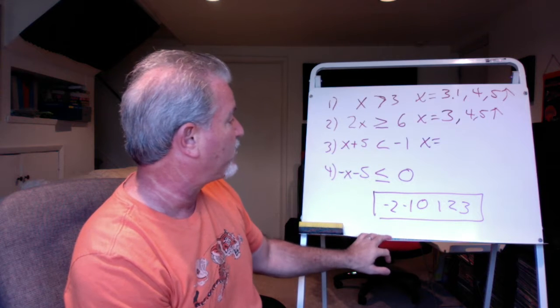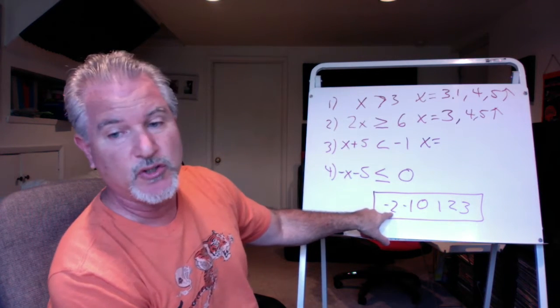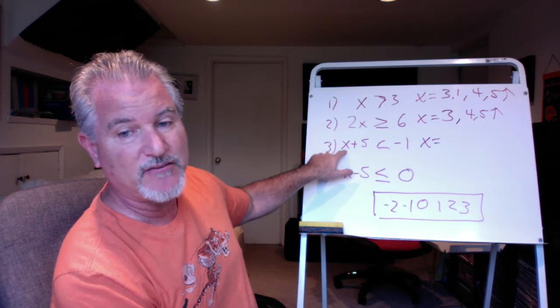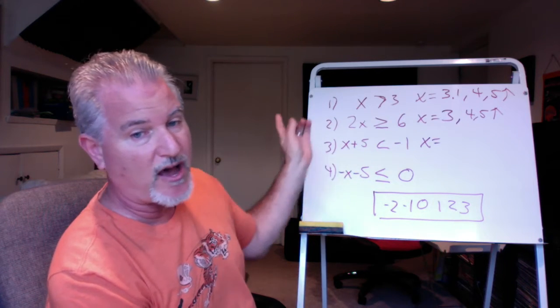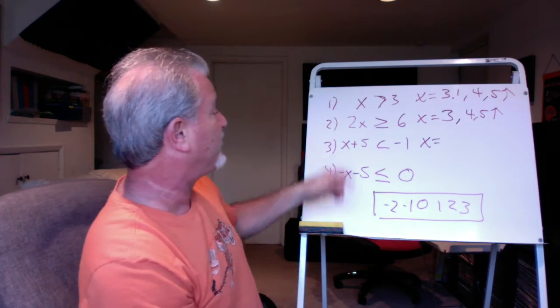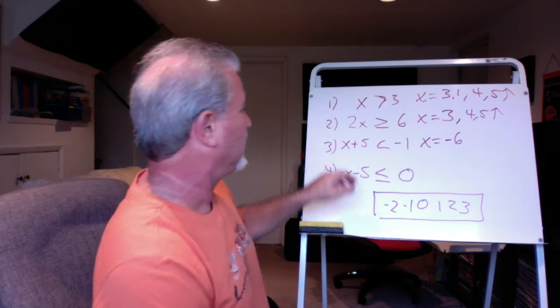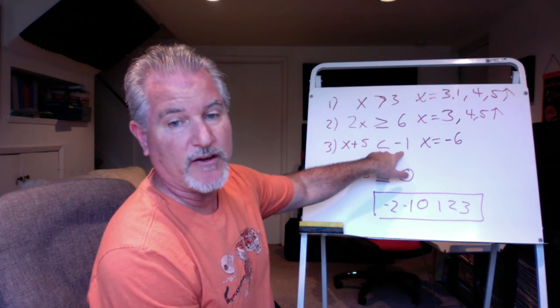So what you're looking for is any number that makes it -2 or less, okay? So that means you have to put a negative number in for x. So anything 0 and up is not going to work. If I put -6 in, -6 plus 5 gives me -1, right?